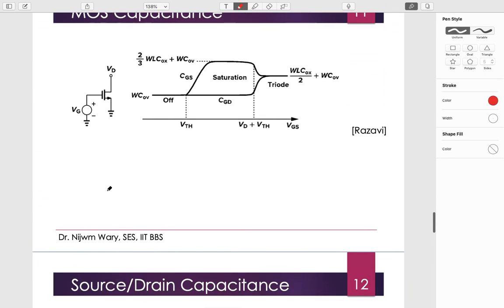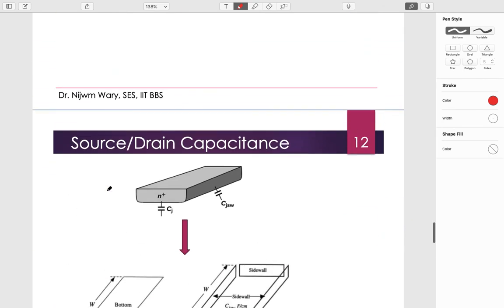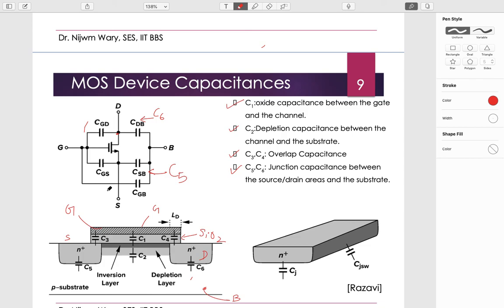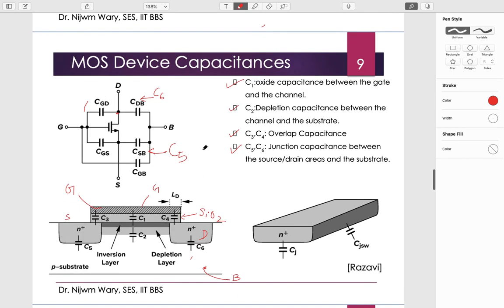I know I have many slides, but it's already 1 o'clock now. So in the next class, we'll see how we calculate all these parasitic capacitances, like CGD, CGS, and drain to bulk. This is a 3-dimensional view of the drain and source.